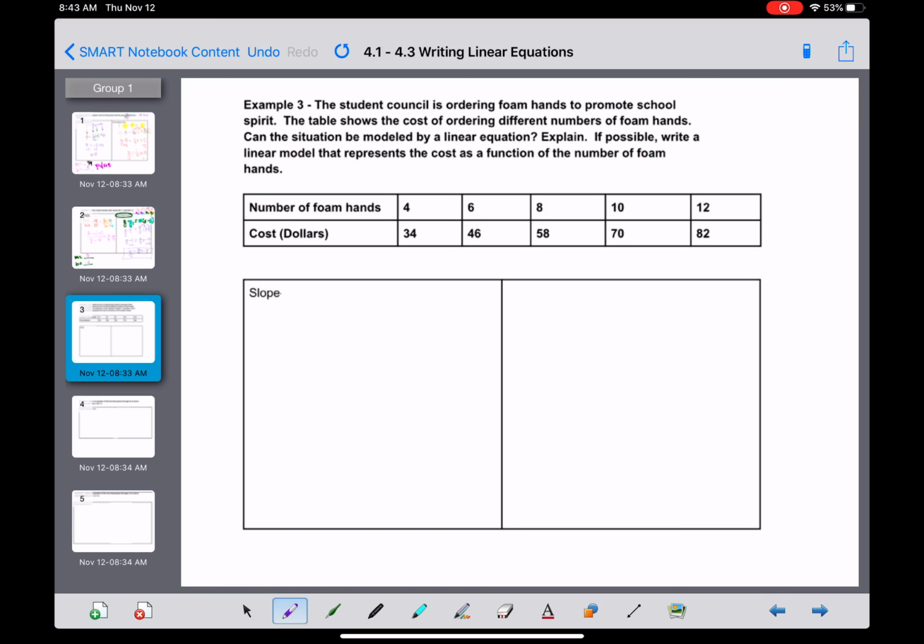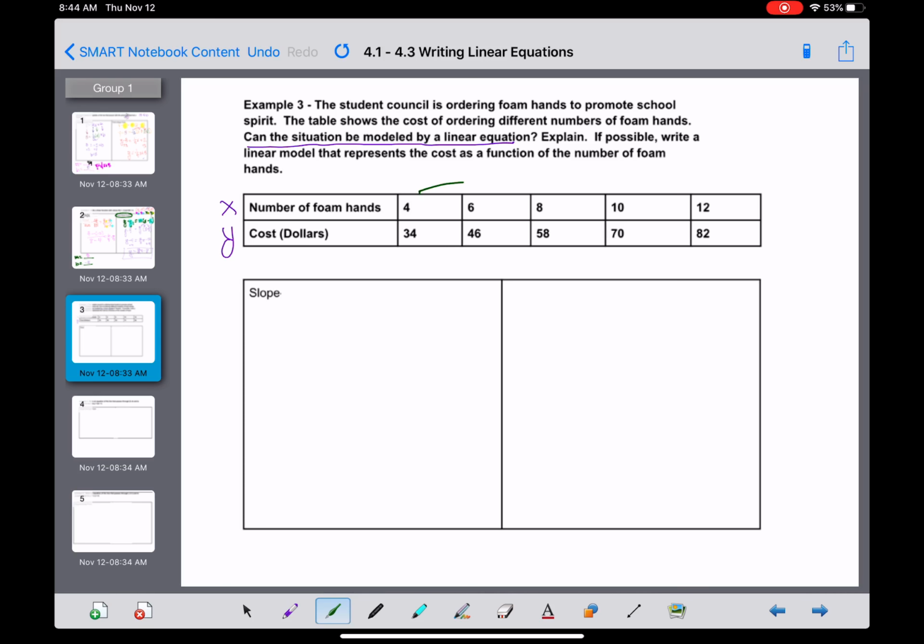Student Council is ordering foam hands to promote school spirit. The table shows the cost of ordering different numbers of foam hands. So first we need to decide, can this situation be modeled by a linear function? We need to see, does it have a constant rate of change?